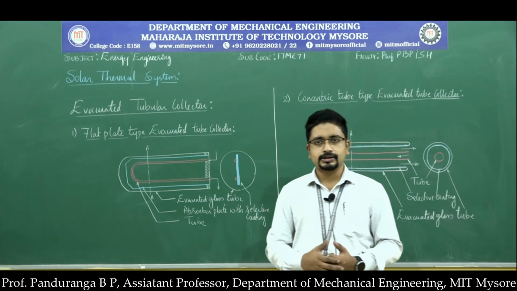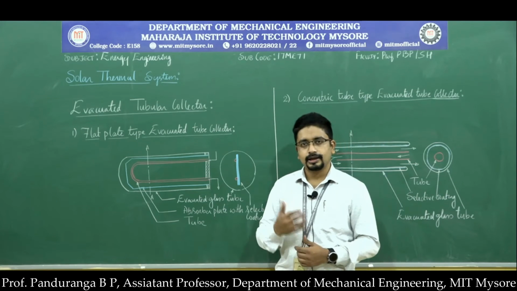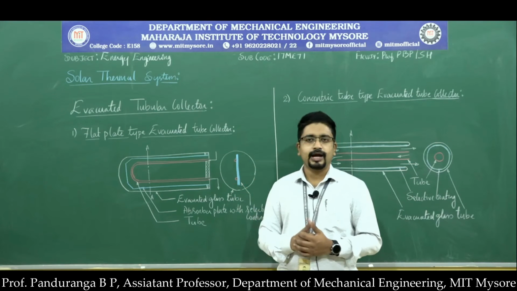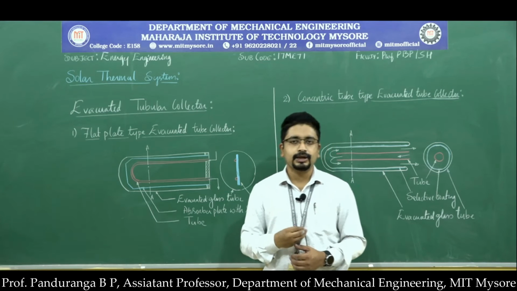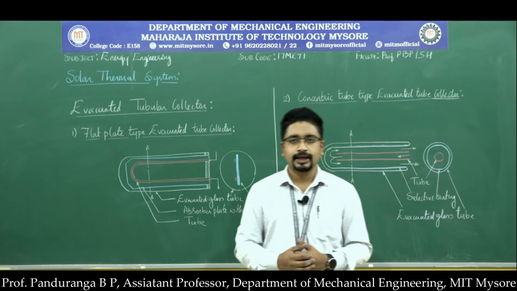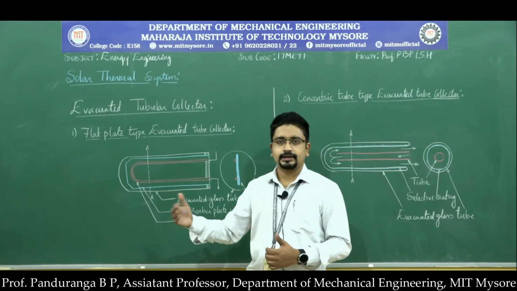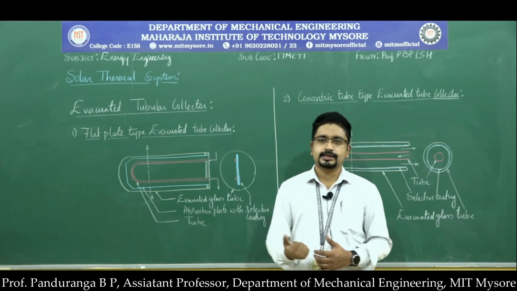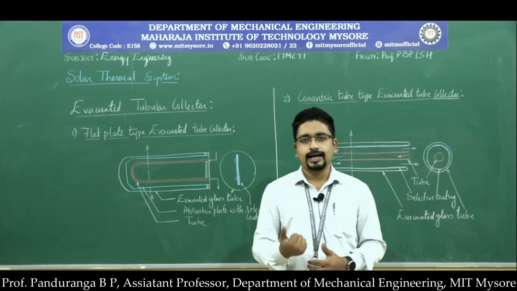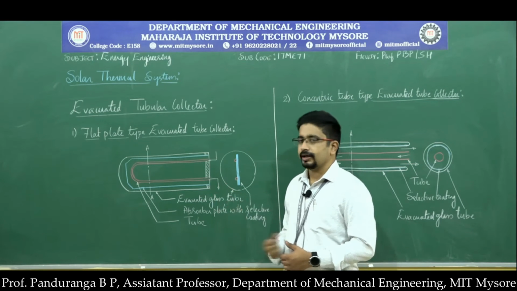On a cloudy day also, if there is sufficient heat energy coming in, these evacuated tube collectors will be able to heat water to a greater extent than a flat plate collector. A flat plate collector needs direct sunlight falling on it because its losses are more and the efficiency of conversion is less. So this is one arrangement.